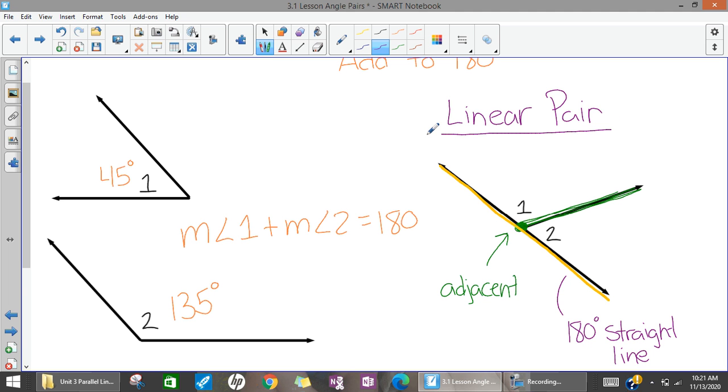They're a pair of angles, 2 angles that make a line. And so those angles are also supplementary. They'll add to 180 because when you put them together, they make a 180-degree straight line. So you see linear pairs all the time in geometry, and you always know that those 2 angles should add up to 180.